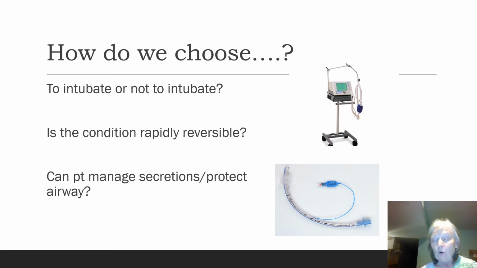We have to have a goal that we set. If we put you on a ventilator, what are we hoping to do to get you off of this support? If we're going to put you on the ventilator, when do we stop that support if we know we're not going anywhere? Okay, so that's one of the things that we always have to keep in mind.